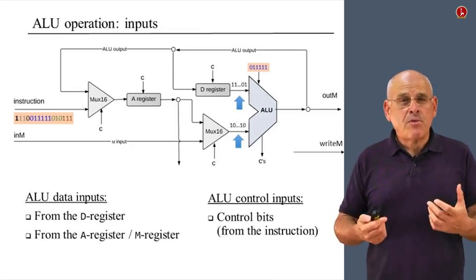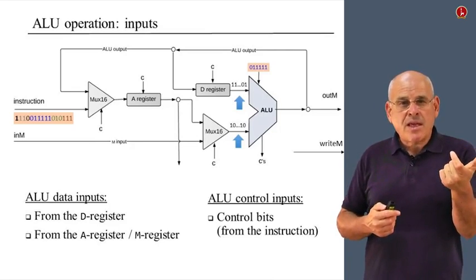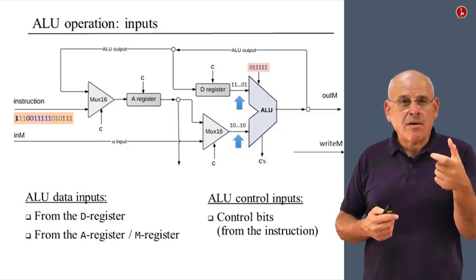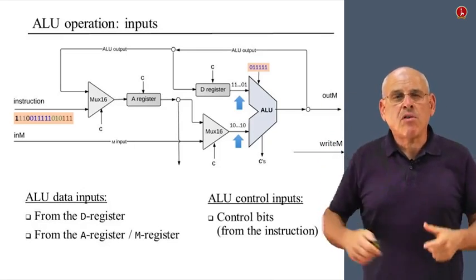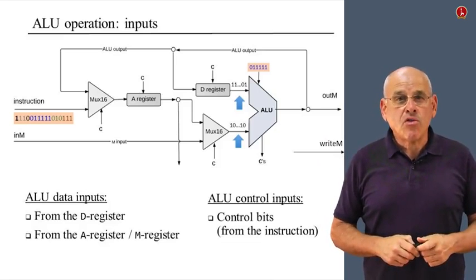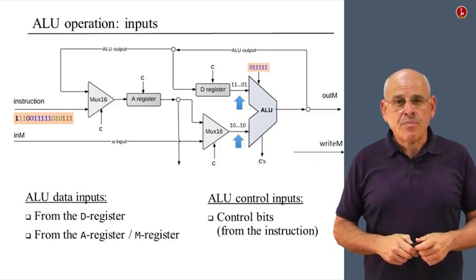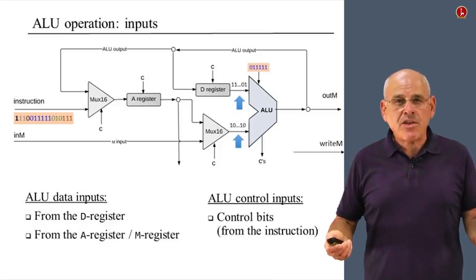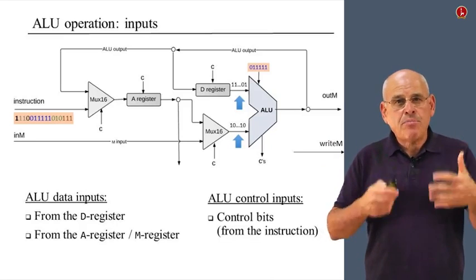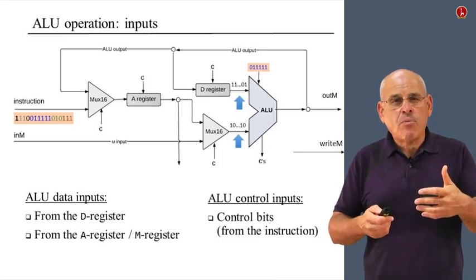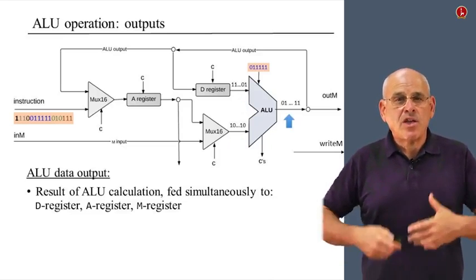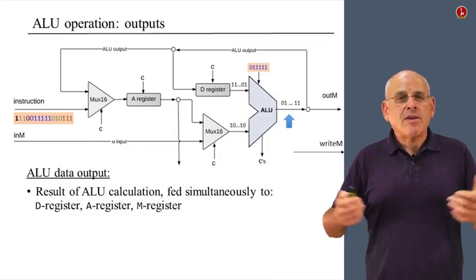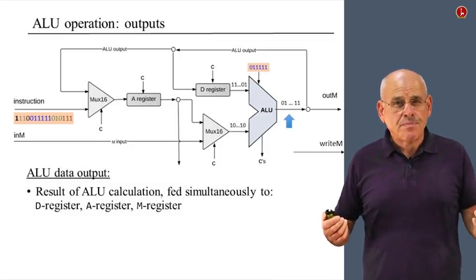So the CPU designer has to take these 6 green bits, or more accurately copies of these bits, and route them all the way to the control bits of the ALU. So now that we have all this information, we have the input data, we have the operation that we have to carry out, the ALU can actually compute something, and out comes the ALU output.